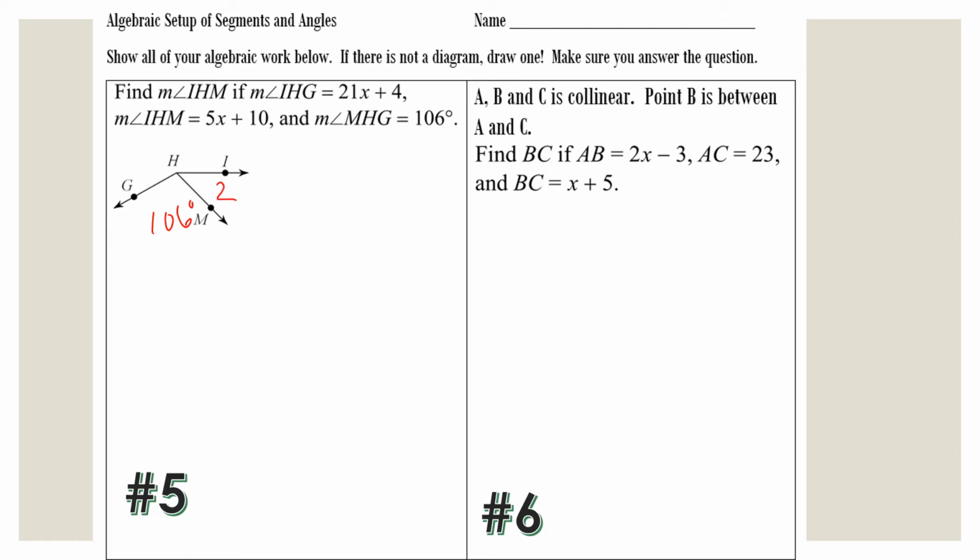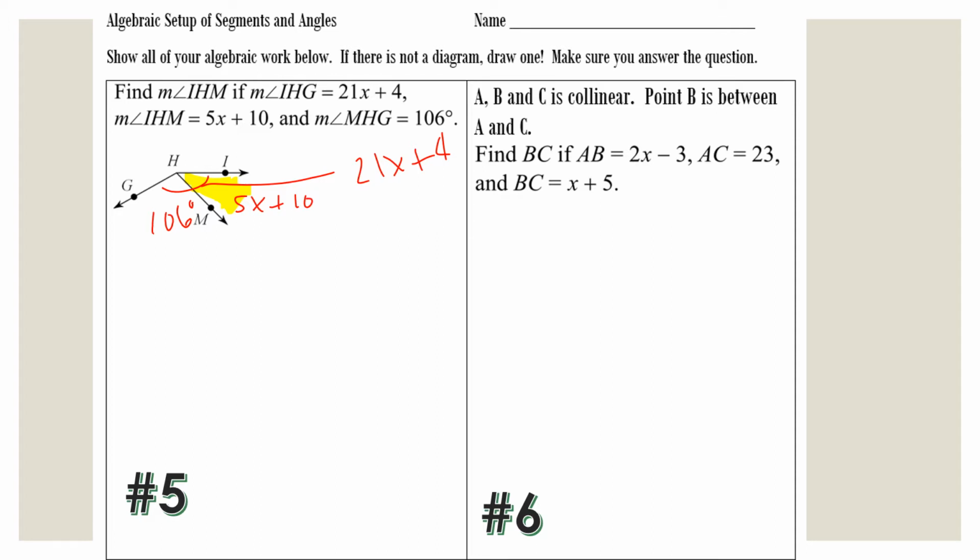We are looking to find, sorry guys, this measure here, okay? We know that the whole entire thing, IHG, is 21x plus 4, and we know that IHM is 5x plus 10.